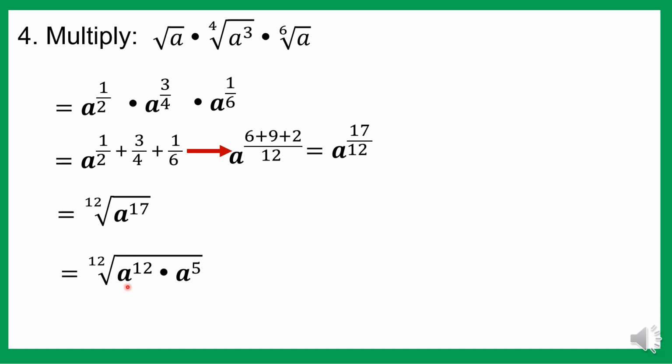So, pwede natin siyang i-factor out ng ganito. Then, i-divide lang natin yung ating 12 dito sa index, magiging a raised to the power of 12 divided by 12. So, yung exponent divided by the index magiging 1, kaya ilabas natin yung isang a. Ang natira sa loob ng ating radical symbol is a raised to the power of 5.